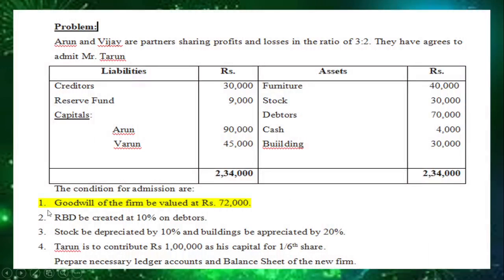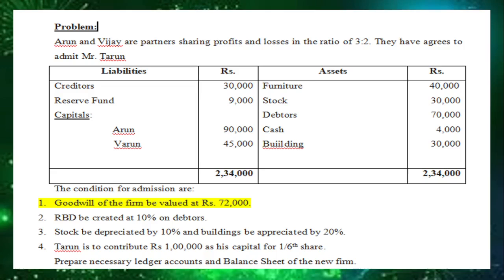Here, the first one is goodwill of the firm be valued at rupees 72,000. So this represents the goodwill revaluation. You should be very careful in this adjustment because only this adjustment tells us whether, in the problem, the goodwill is brought into the partnership firm or whether it is goodwill revaluation.